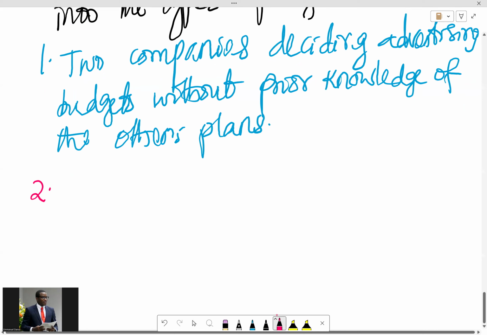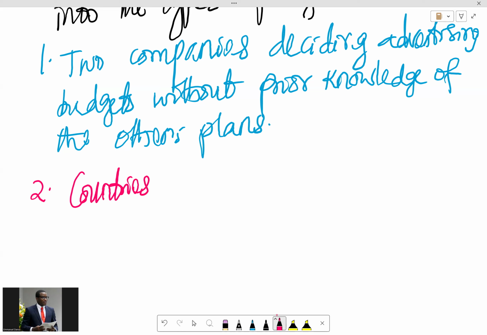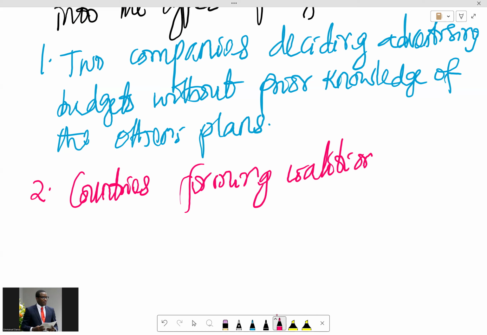Then number two, you have countries forming coalitions for climate change agreements, like all the COP conferences.